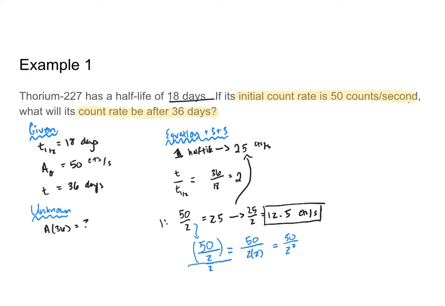Another way that we could rewrite this, therefore, is that our activity after a certain amount of time is equal to our initial activity times 1 over 2 to the t over t1/2. So 1 over 2 to the number of half-lives that have elapsed.